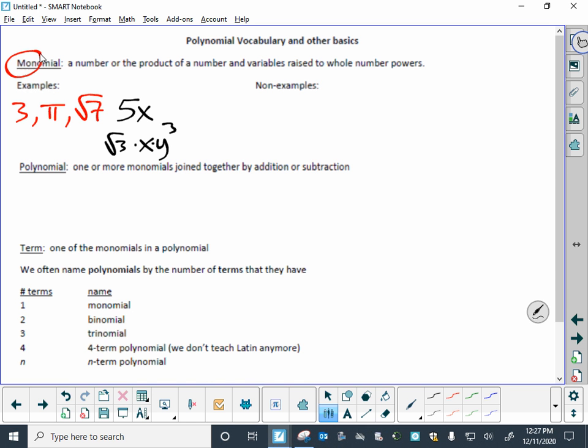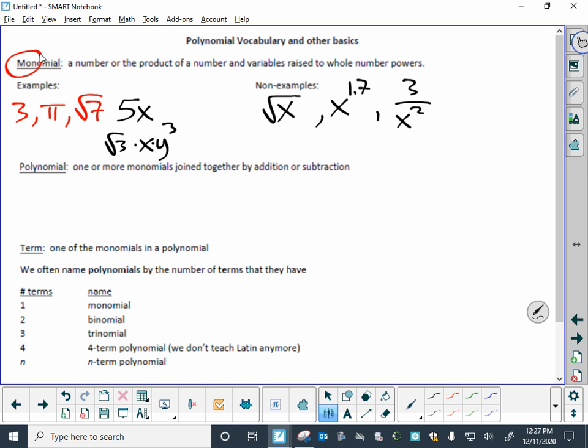Okay. Some non-examples of monomials. If we did square root of x, we have a variable that we're taking the square root of. That doesn't satisfy this definition. If we had x to the 1.7 power, that's no good. 3 over x squared, that's no good.